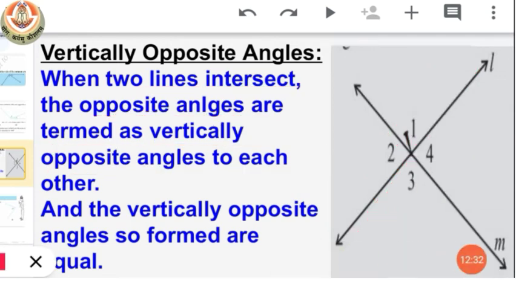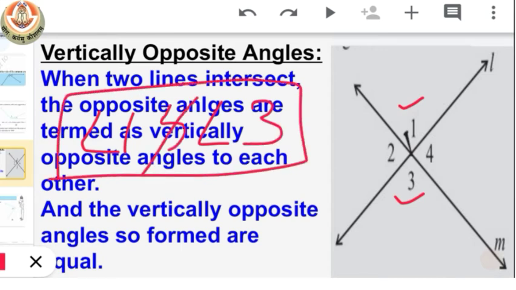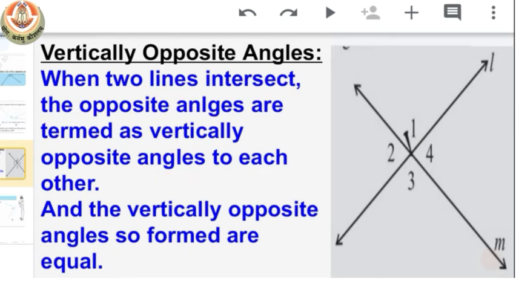Again, you can see 1 is on the opposite side of 3. That means angle 1 makes with angle 3 a pair of vertically opposite angles. Similarly, angle 4 and angle 2 are making another pair of vertically opposite angles. Now another important thing about vertically opposite angles is that the vertically opposite angles so formed are equal, meaning vertically opposite angles are equal to each other.